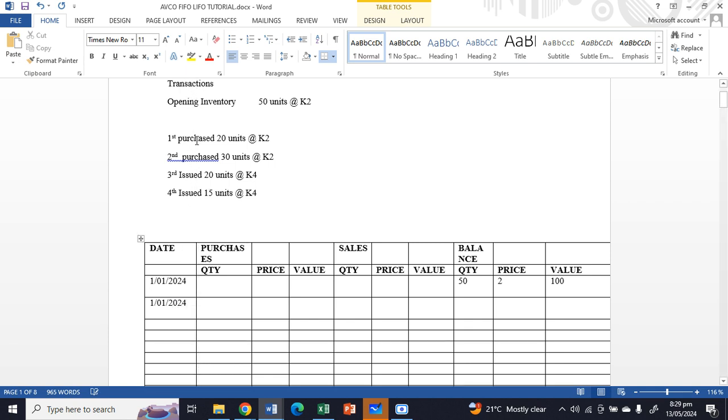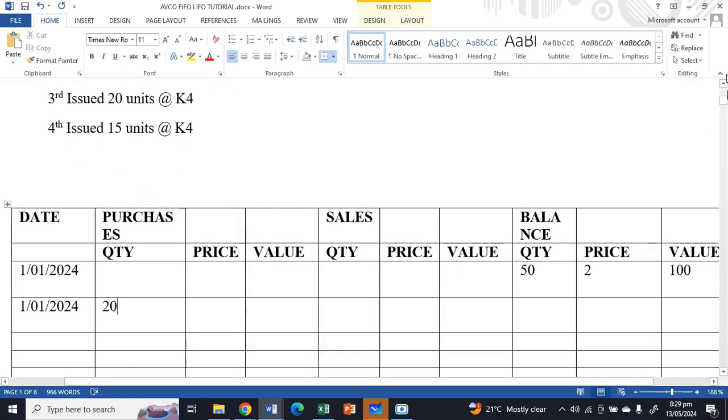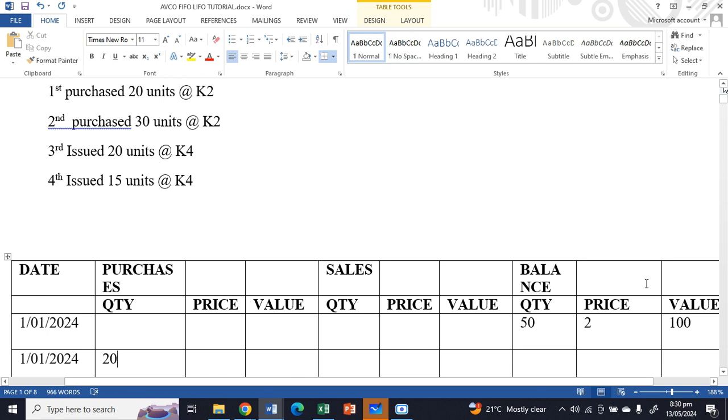Since we bought goods, we're going to focus on our purchases column. Purchased 20 units of this good. Price 2 kwacha per unit. The value 40 kwacha.